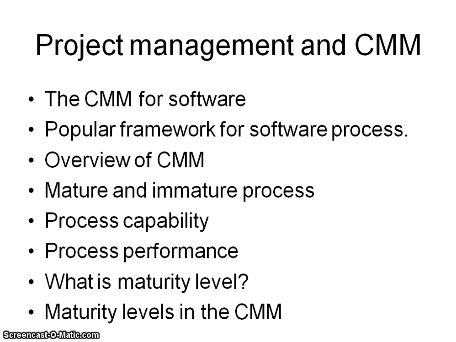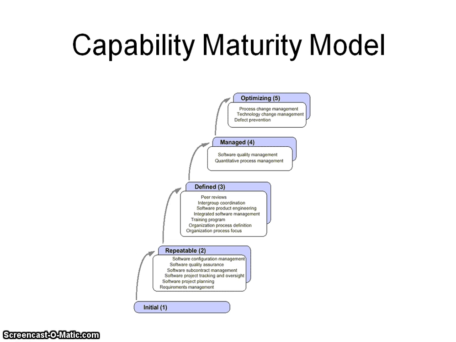This path includes 5 maturity levels as shown in the figure: initial level, repeatable level, defined level, managed level, and optimizing level.